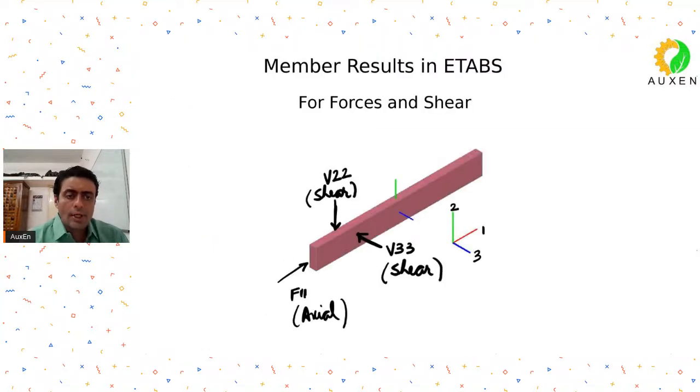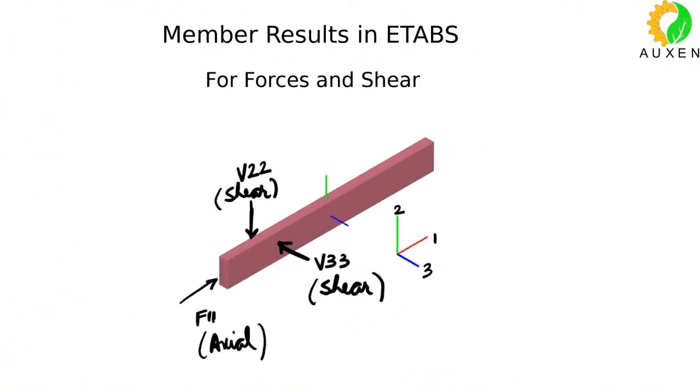So now I have tried to make some quick pictures and you can see it for yourself. So I have taken the example of ETABS for forces, generally shear forces, axial forces, and how to look for their results. So as I told you, for member, the forces are along the local axis.